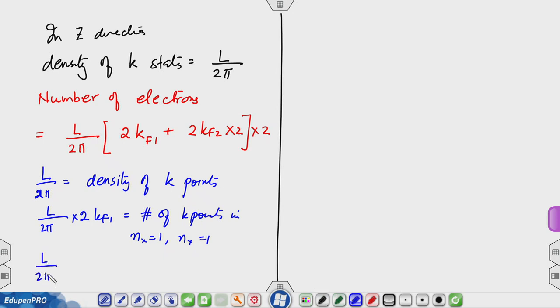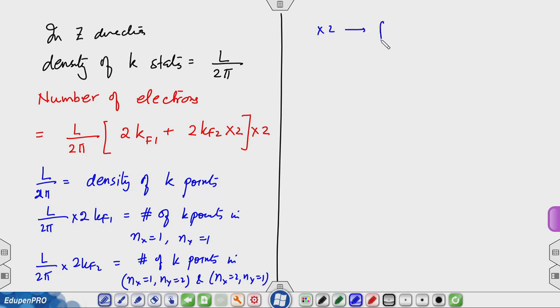L over 2 pi times 2 k f 2 is equal to the number of k points in n x equals 1 and n y equals 2, and n x equals 2, n y equals 1. And then finally, 2 times 2 is for spin degeneracy.